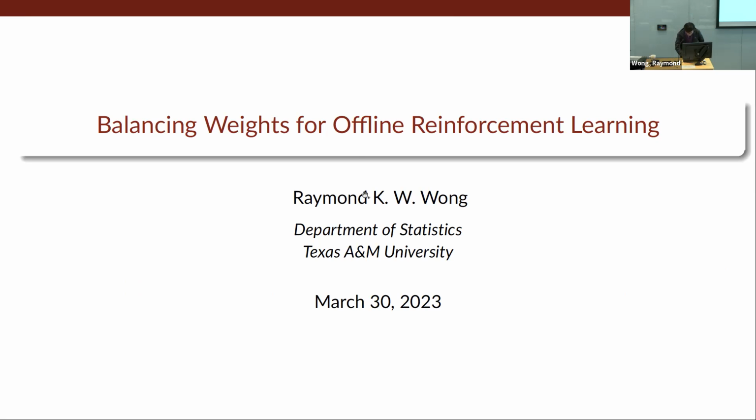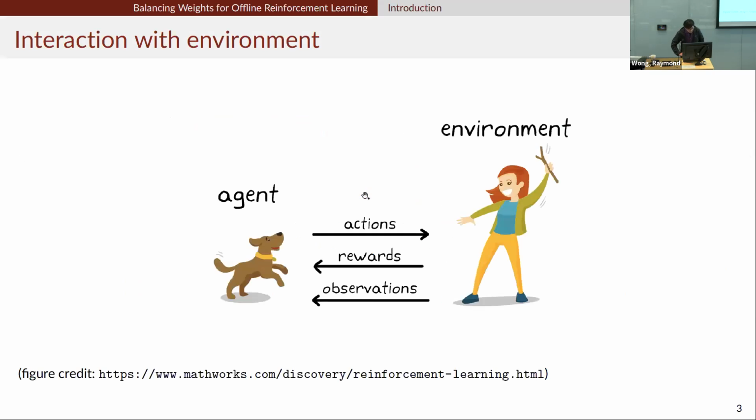Okay, let's begin. Reinforcement learning is characterized by an agent continuously interacting with an environment. The interactions consist of three major components: observations, actions, and rewards. At a particular interaction, an agent will try to make observations of the environment, which is usually mathematically summarized as state variables.